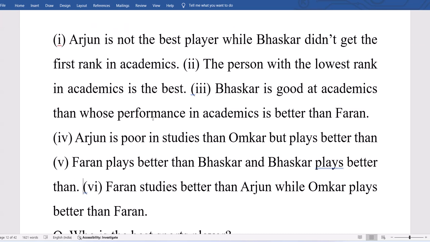Now see, this entire data is there. You try to arrange it. You have 6 people. This is the data given, and try to do that arrangement.